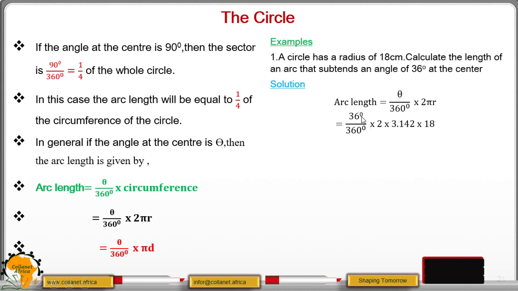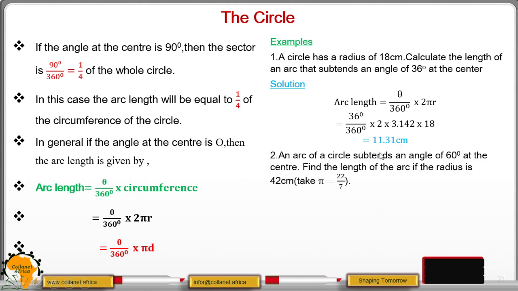So you just need to substitute the values in the formula. So theta is 36 over 360, then multiplied by 2, then multiplied by pi. In our case, we can use 3.142, then multiplied by 18, which is our radius in centimeters. And by so doing, when you multiply all these, you get that the value is 11.31 centimeters.